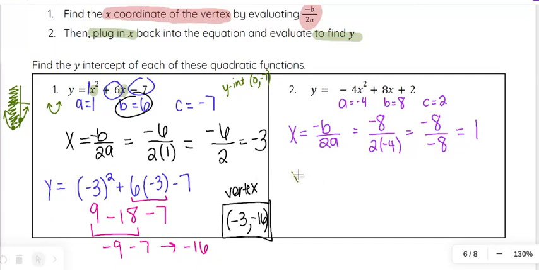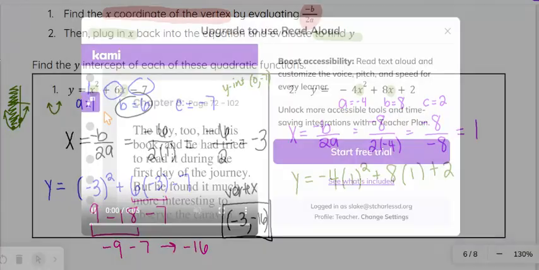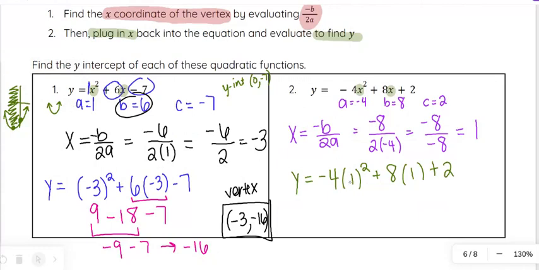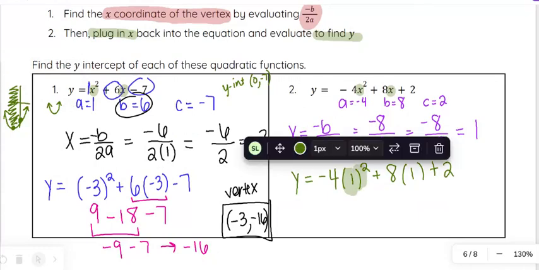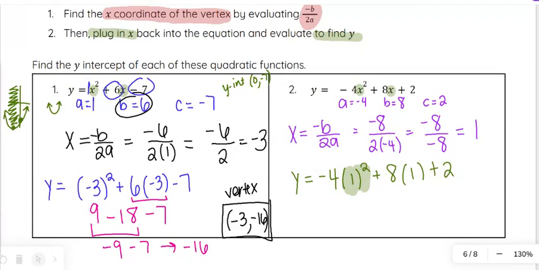And then we have our y. So to find y, we're going to plug 1 back into both of these x's. So that's going to be -4 times 1 squared plus 8 times 1 plus 2. So first thing we can do is evaluate -4 times 1 squared. Starting with 1 squared, that's just going to be 1.